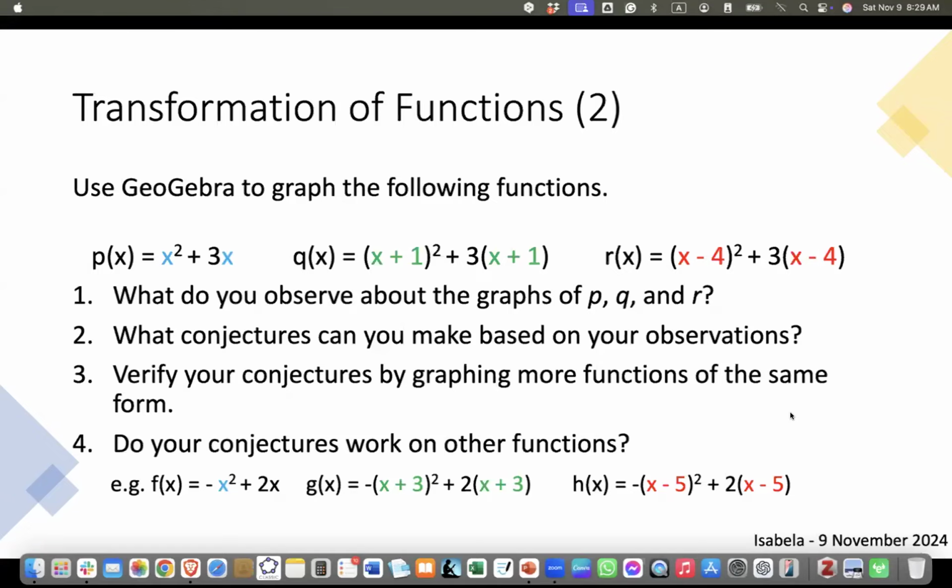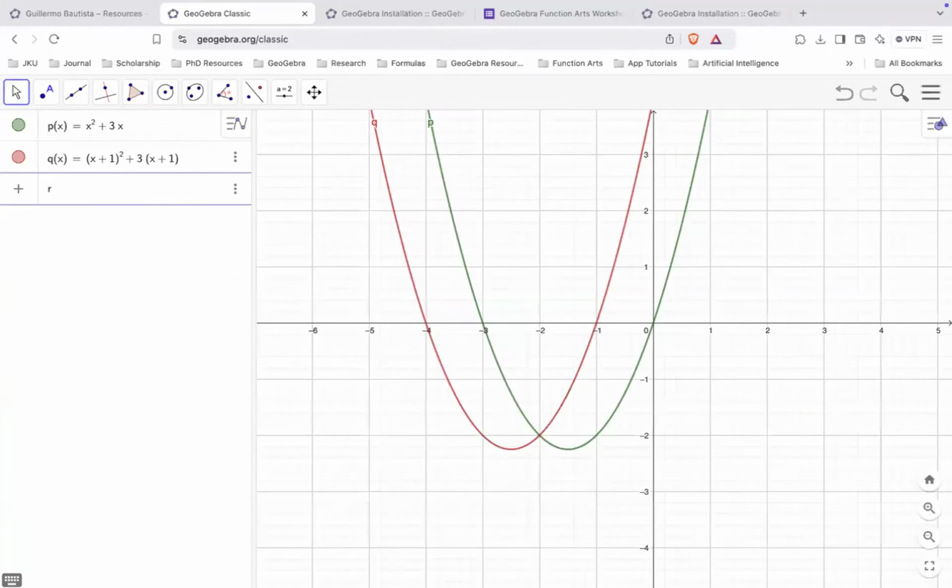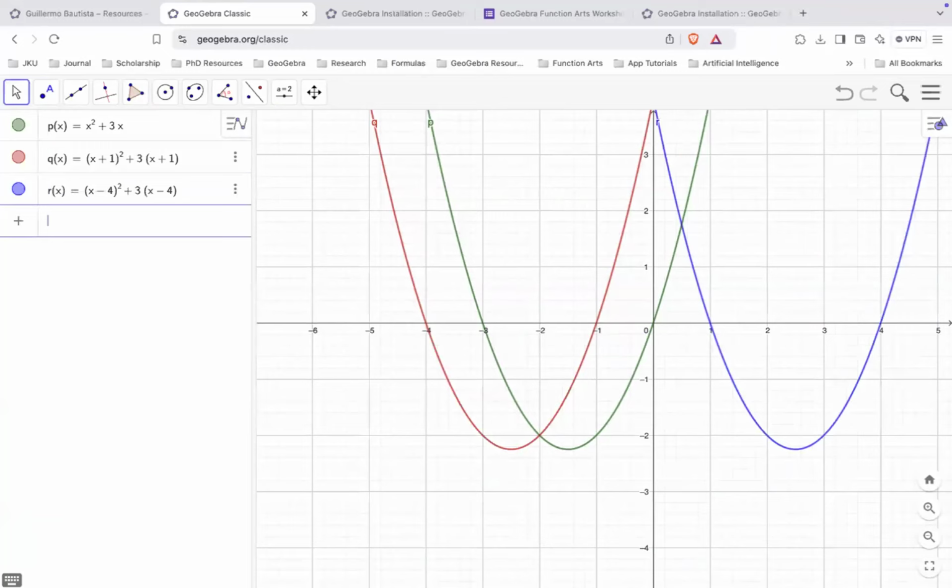Okay, so horizontal shift, sabi ni Saibel. What about r of x equals x minus 4 squared plus 3 times x minus 4? What happened? It shifts 4 units to the right. So what do you observe?